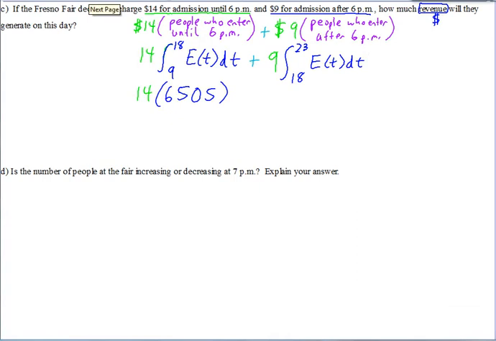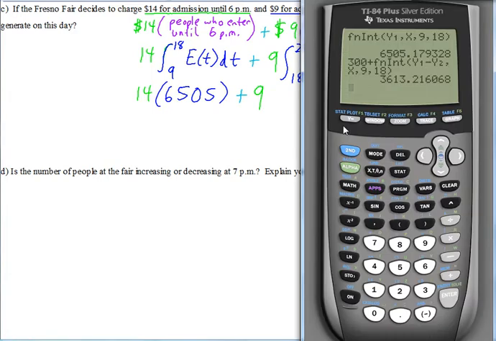And then this one we haven't worked out yet. So let's go ahead and work this out in our calculator. Let's look at the 84 first again.